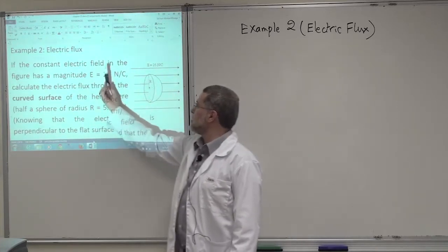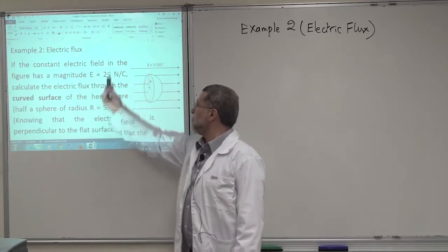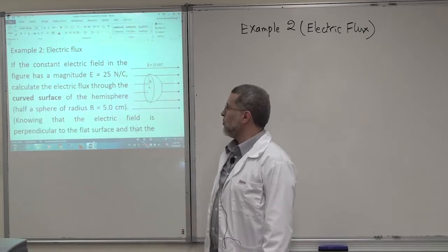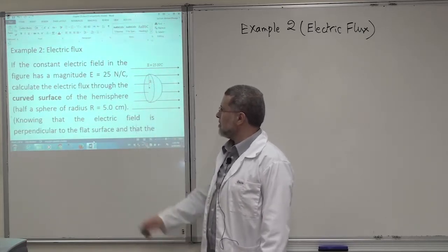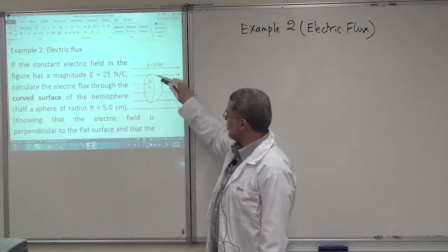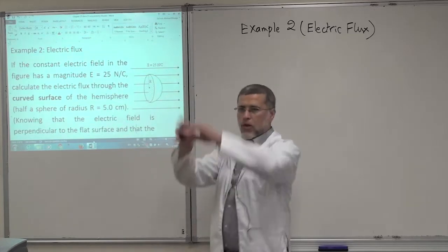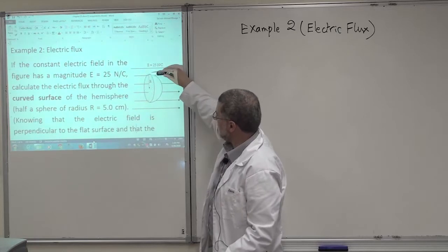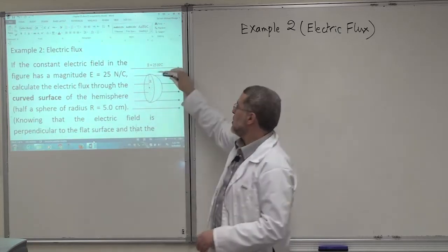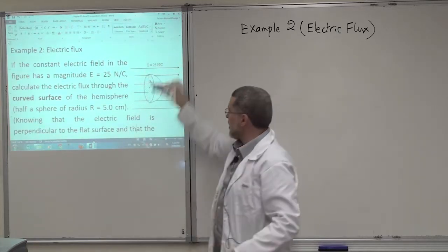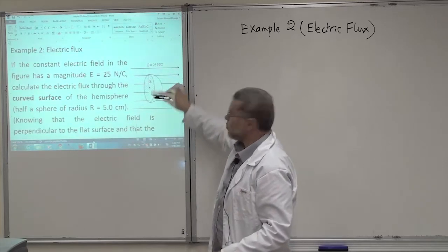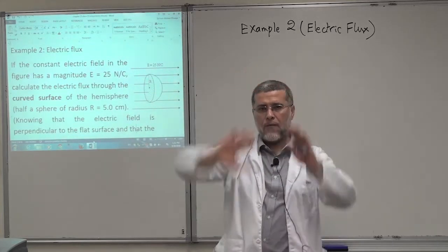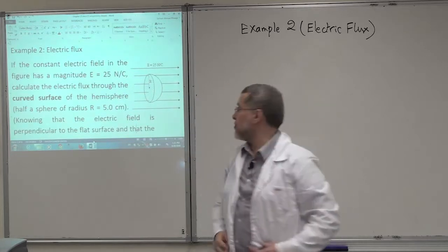There's a charge, of course, say a parallel plate here with a positive charge which is creating this uniform electric field. You want the electric flux through the curved surface, not the flat surface. This shape has two surfaces, the curved surface and the flat surface, and it's a closed surface.